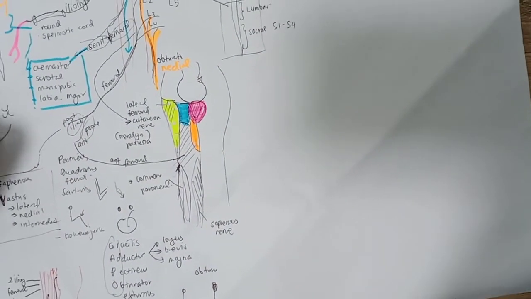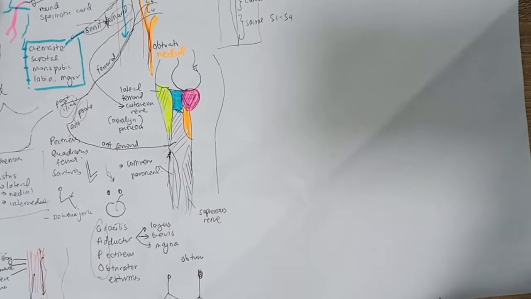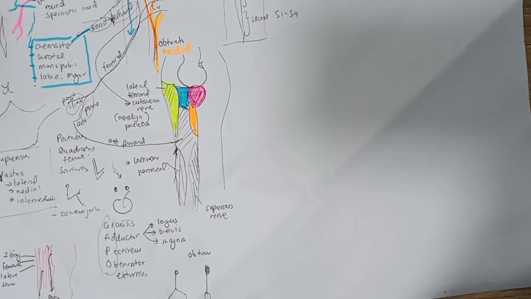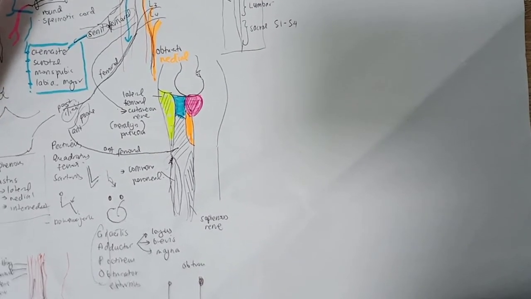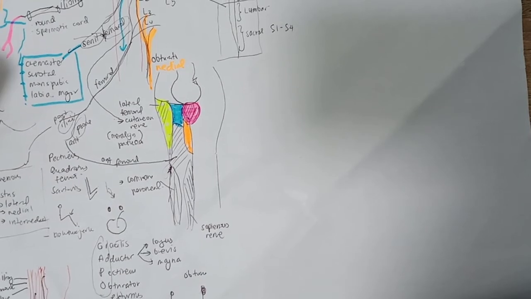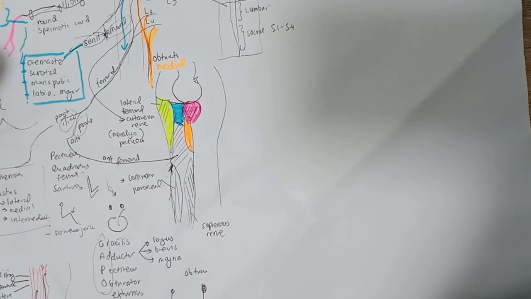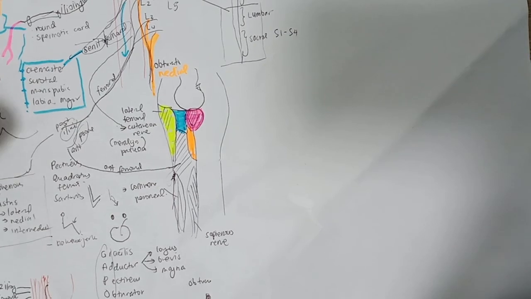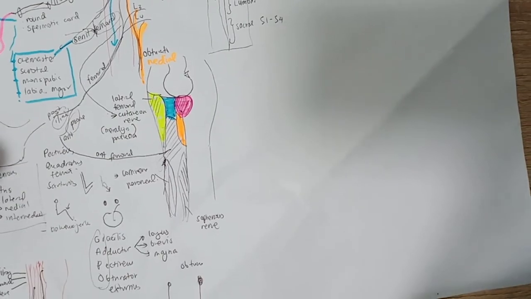But another thing that we should not forget is our beloved pudendal, favorite pudendal ever, which gives innervation to the dorsal clitoris, the perineal, which includes the urethra, the external sphincter of the urethra, and also the lower vagina. And also we have the inferior rectal, which gives innervation to the external anal sphincter.